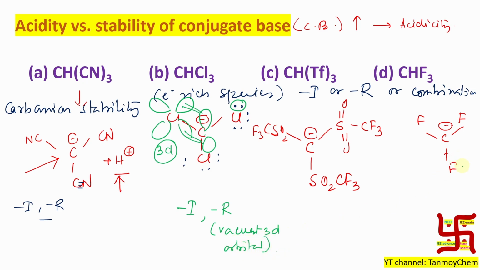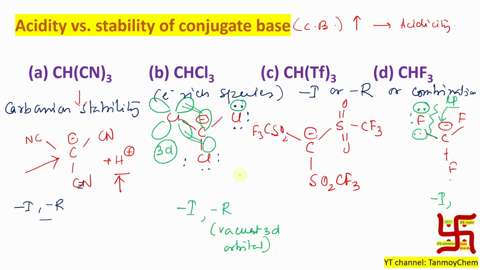Now what about fluoroform? If you look here, the minus I effect is dominant, I agree, but there is another negative factor. See, this carbon fluorine bond distance is smaller. On fluorine also there are 3 lone pairs, and this carbanion also has a lone pair. So there will be a significant lone pair repulsion, which could be a reason for such destabilization.